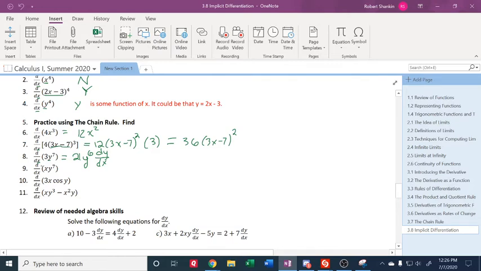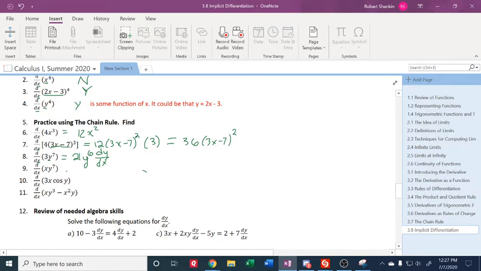We're used to, so far, all the derivatives we've done, it's been x's here, always just x's here. X's here, x's here. But in this section, we're going to have x's here and y's here. And when that happens, we have to tag along this extra dy dx, because y is some function of x.